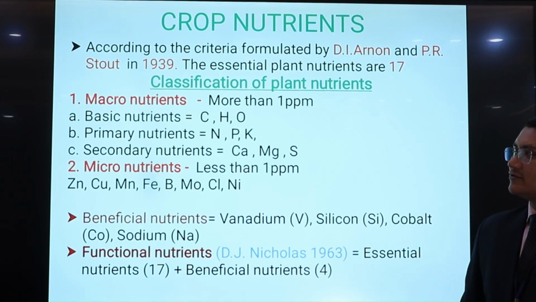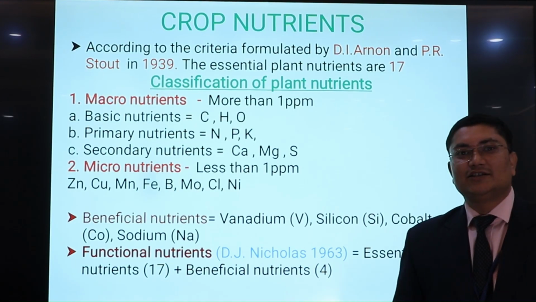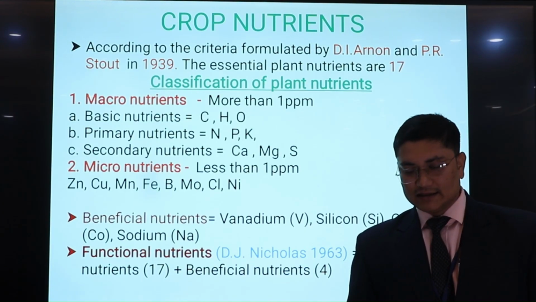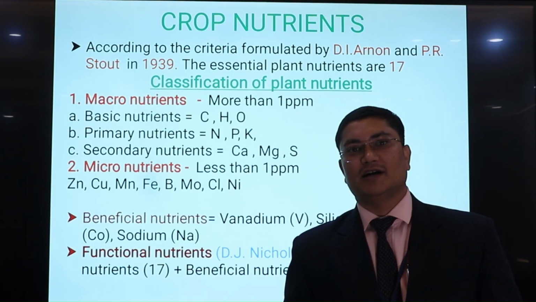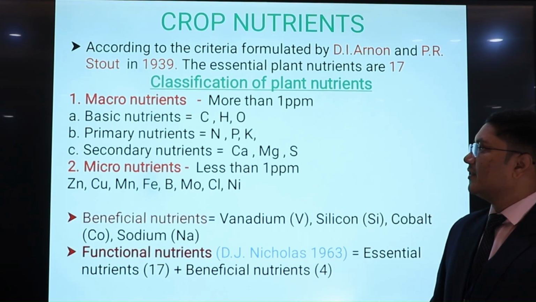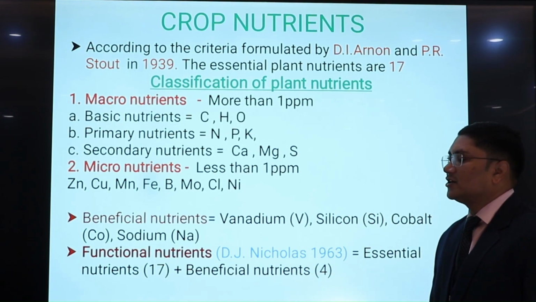Then for secondary nutrients we have calcium, magnesium and sulfur. These play a vital role in the growth and development of the plant, and we can provide them artificially.